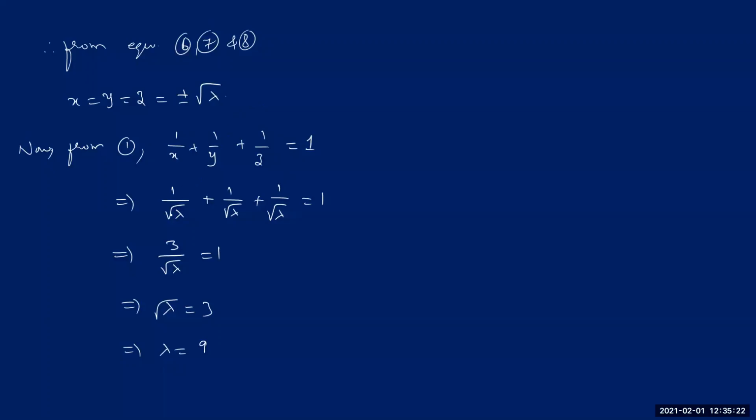By chance, if you substitute minus root lambda, what happens? Here you will get minus root lambda is equal to 3. That's the only thing. But when you anyway square it, taking square on either side, even if it is minus, it becomes positive only, right? But see, while taking root lambda, you are going to back substitute this here. While taking root 9, you can anyway take these plus or minus. Okay, let me just take that now.